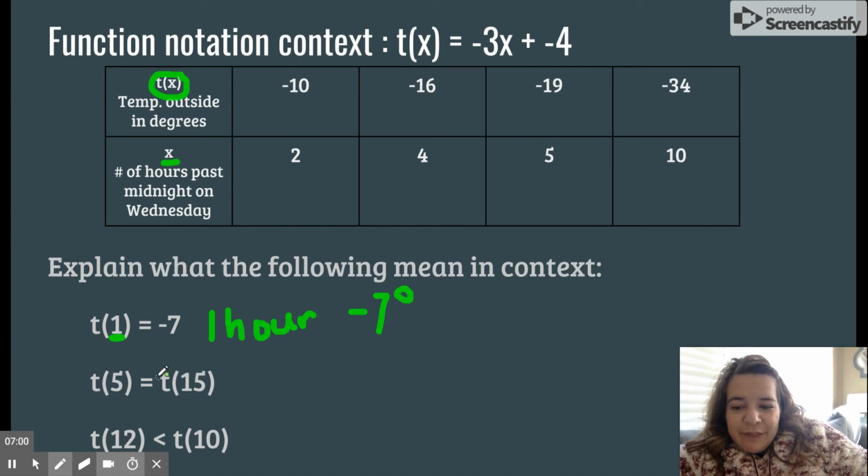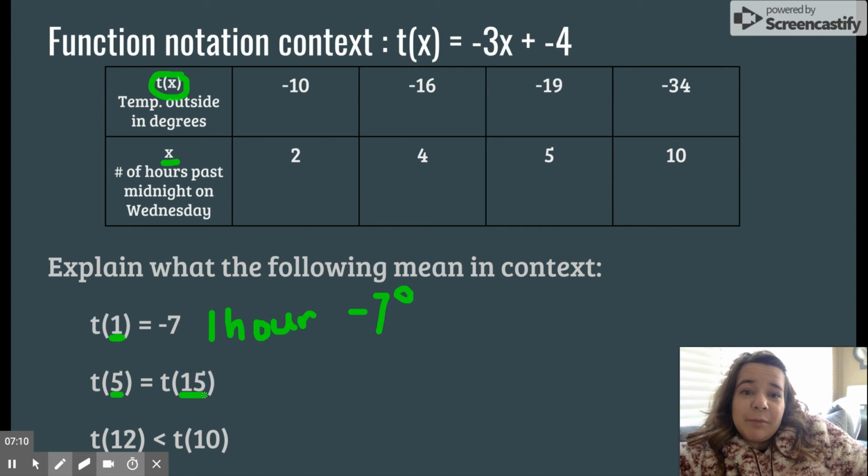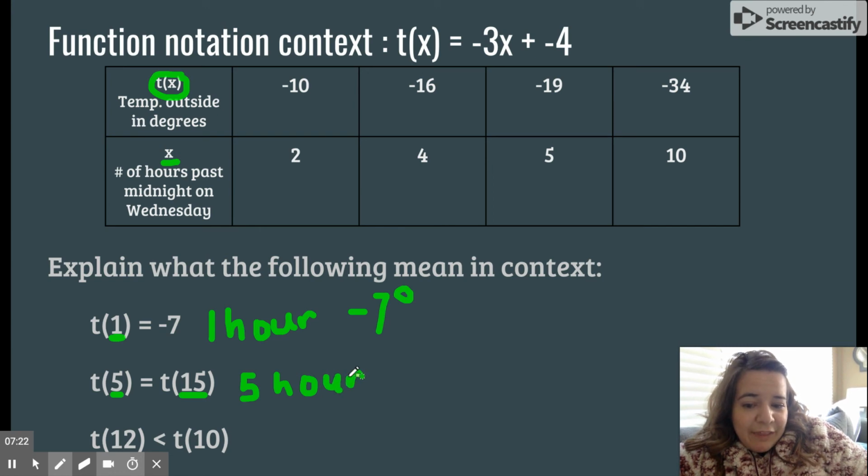The ones that look like these below this were the ones we struggled with a little bit. Now, what I want you to know is that this 5 and this 15 are still taking the place of x. So those are still going to be talking about hours. So 5 hours and 15 hours. Now, our hours are talking about the temperature at that hour.